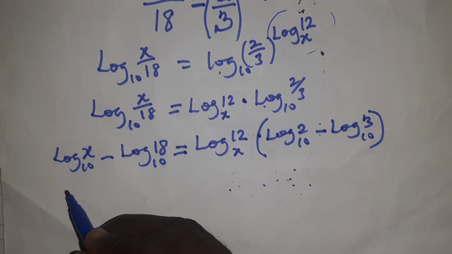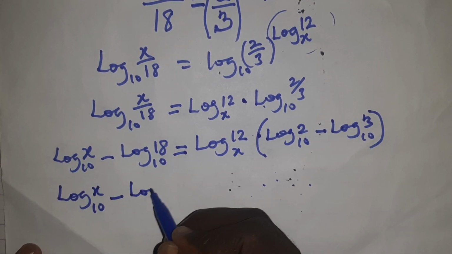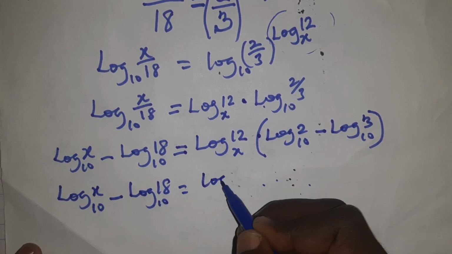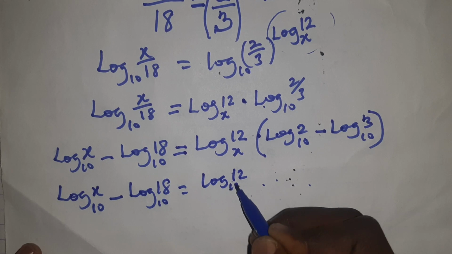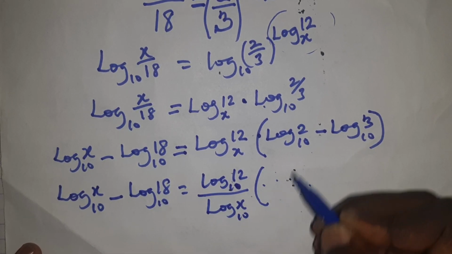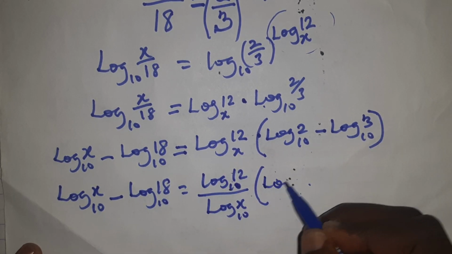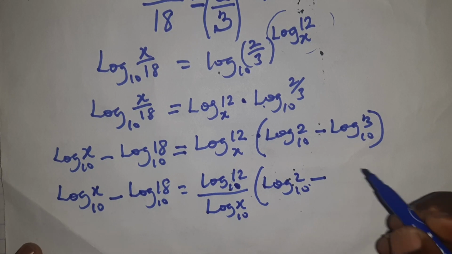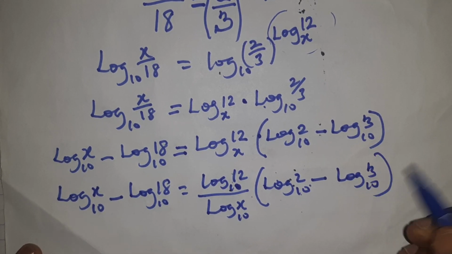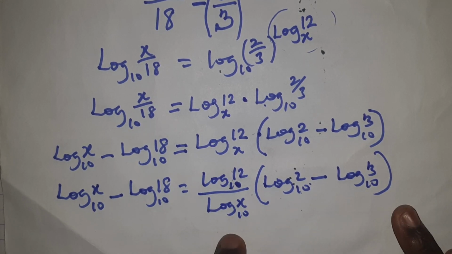So we now have log x base 10 minus log 18 base 10 equals, I'll do the same thing here, log 12 base 10 over log x base 10. Still open your bracket because it is still in product with this whole expression in the bracket: log 2 base 10 minus log 3 base 10.